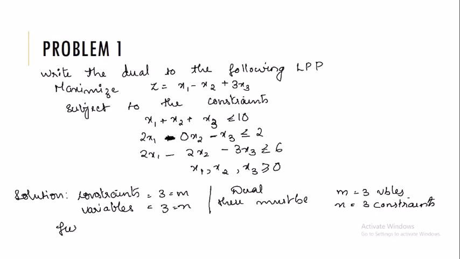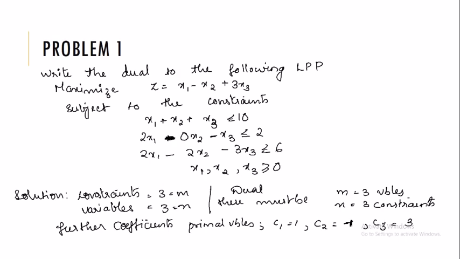Further, regarding the constraints and the variables, we are clear right now. What we are a bit confused about is the coefficients. Here the coefficients in the case of primal variables, that is c1 is equal to 1 in the objective function, c2 is equal to minus 1, and c3 is equal to 3.